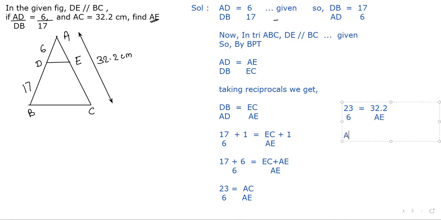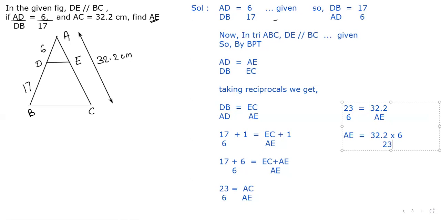Cross multiply, we get AE is equal to 32.2 into 6 whole upon 23. 23 ones are 23.